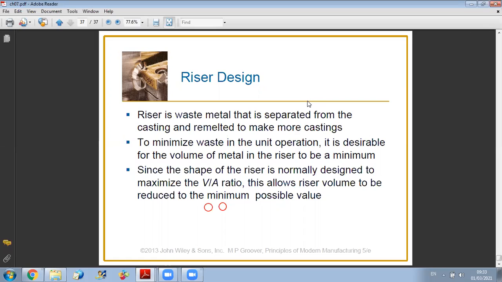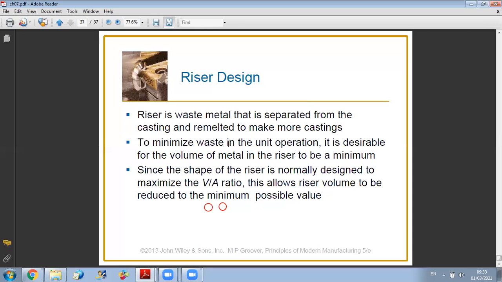In general, we try to put just the quantity that is required. Once we design the riser with a specific V over A ratio, we try to choose the lowest quantity to not have waste and to not have to remelt the remaining part. The lower the remaining part, the better. When we do the design, we try to avoid a lot of excess in riser quantity.